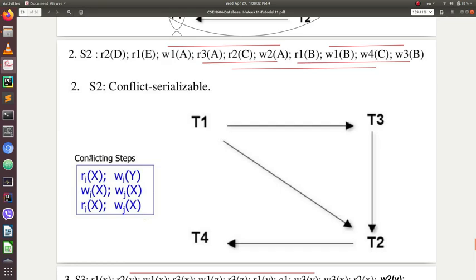Again, don't forget to write down the conflict steps aside before starting to solve the given problem. Okay, I will scan for conflicting steps.